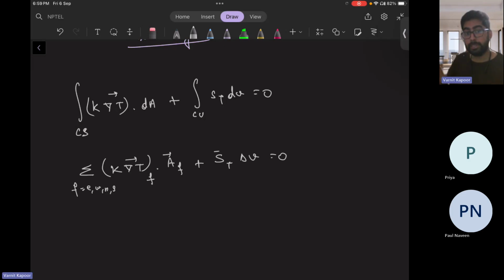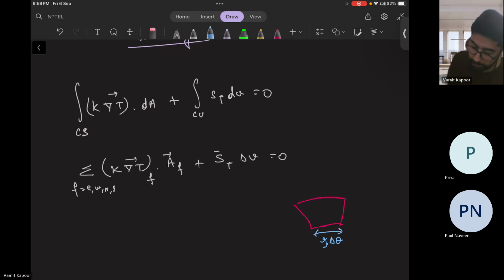Now, what is del V? If we have a cell P, the length of this will be R del theta, with R of P, because I am dealing with the point P, so I'll take the radius as R of P. R of P del theta is your arc length.